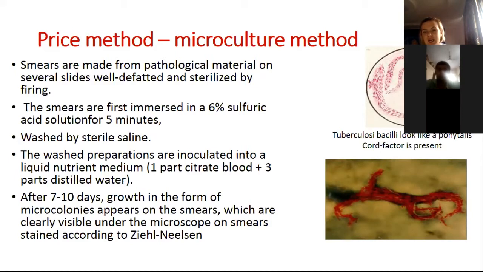And why does this happen with bacteria? The cord factor is the main pathogenic factor, the virulence factor of tuberculosis bacilli, and it connects and binds all bacilli around it.